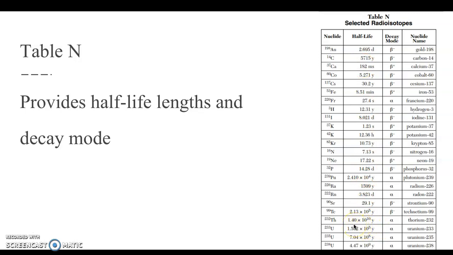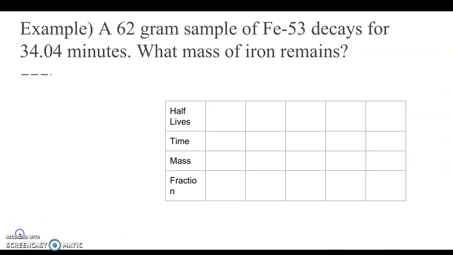So if you think back to our last video, this is why some of these isotopes are useful for medical purposes, because some of them last only seconds or minutes, hours, maybe a few days, but others would not be useful because they last years, and years of exposure to radioactivity would be detrimental to your health.